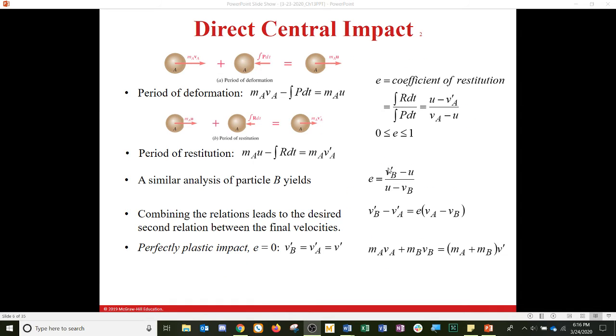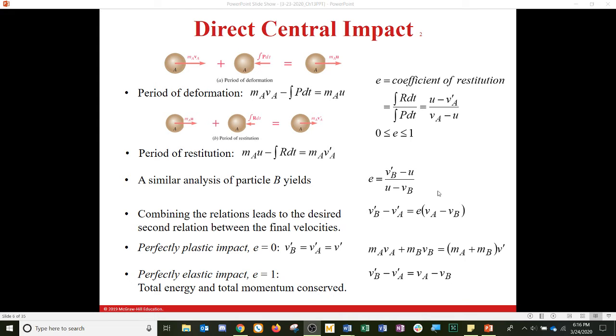Ultimately this derivation from the textbook compares the integral of the deformation force over time and the integral of the restitution force over time. That ratio is related to the loss of energy in the impact. So you lose energy, but you don't lose momentum.